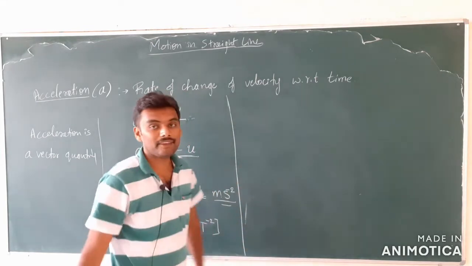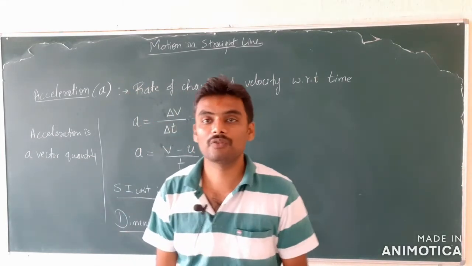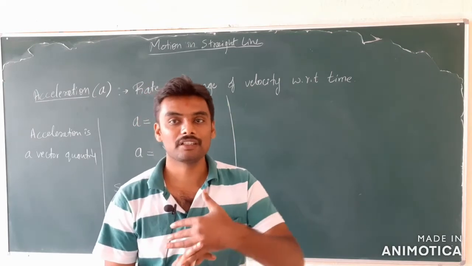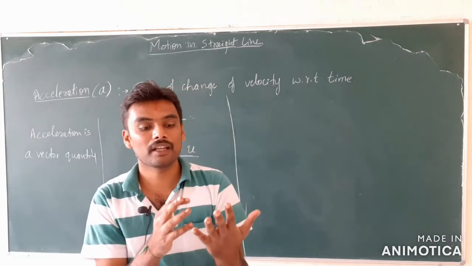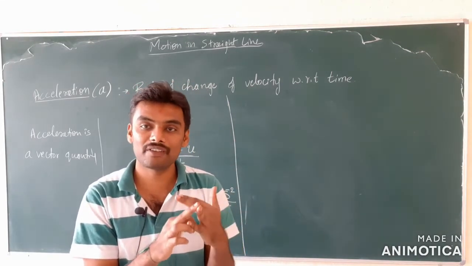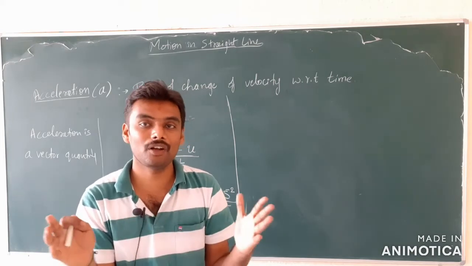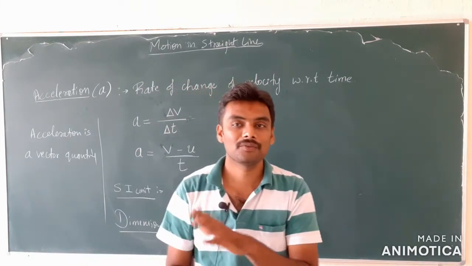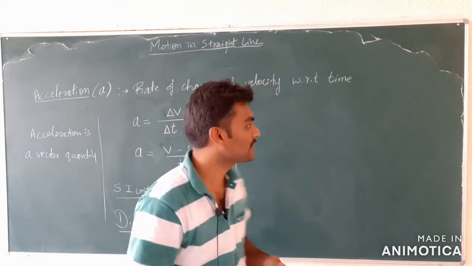Now, similar to what we had in velocity, the different kinds of velocity like instantaneous velocity, average velocity, uniform velocity and all, even for acceleration we have the same kind of classification.